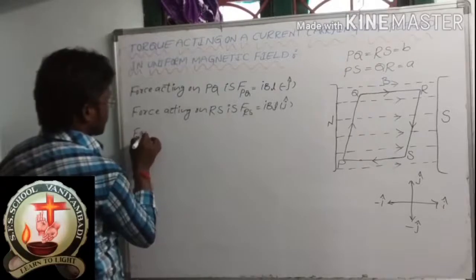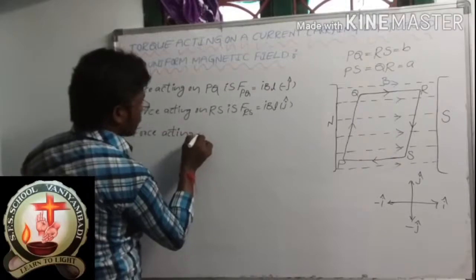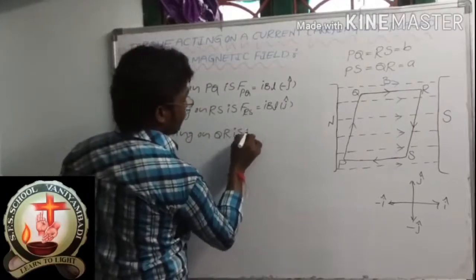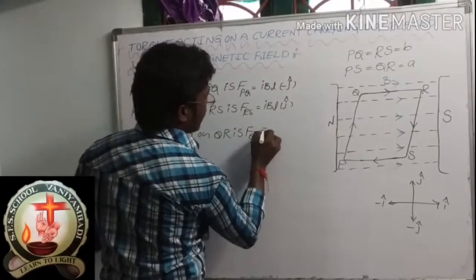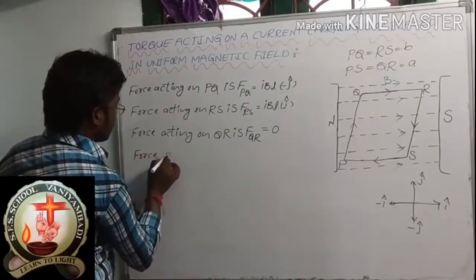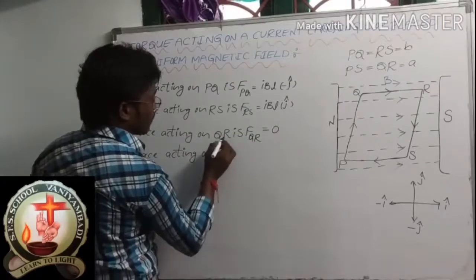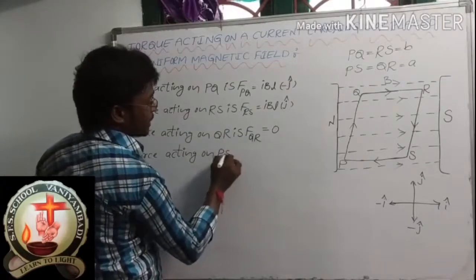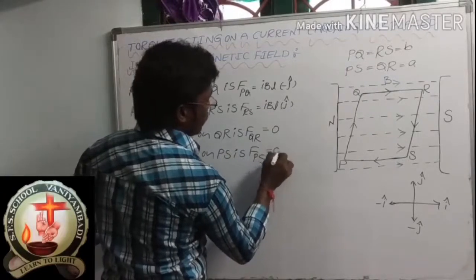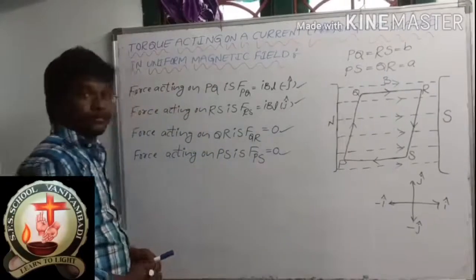Then force acting on QR is F_QR equal to 0, and force acting on PS, the last one, F_PS is equal to 0. So here this is the first expression, second one, third one and fourth one.